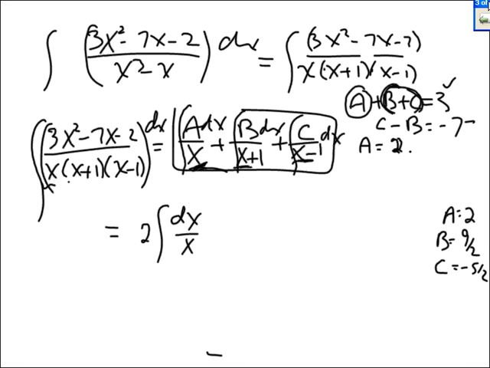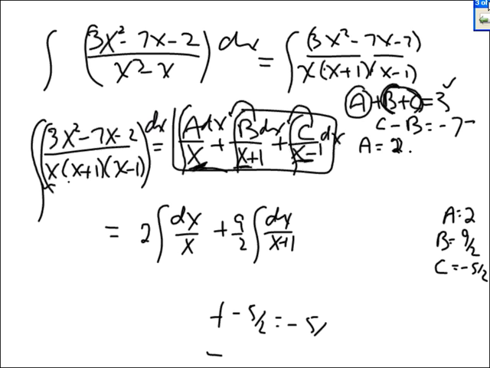The a is 2. I can bring the b in front. Plus b, the integral of dx over x plus 1. Plus, I can bring the c in front. But the c is negative. Adding a negative 5 over 2 is the same as just taking away 5 over 2. The integral of dx over x minus 1.